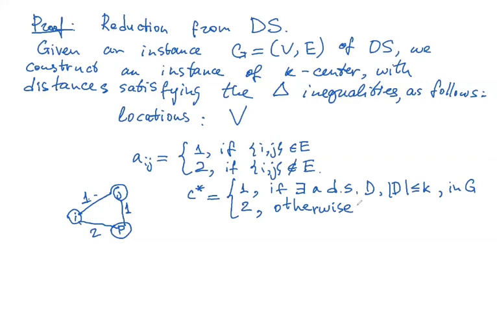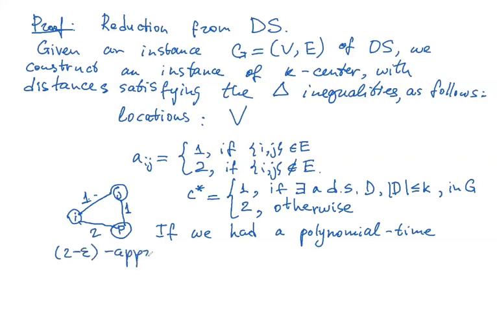Okay, so we have this nice correspondence between the instances. Moreover, assume I have a polynomial time 2 minus epsilon approximation algorithm for our instance of the K-center problem.